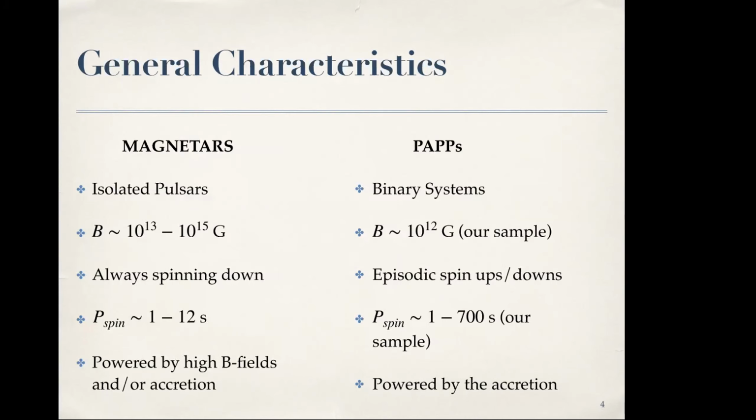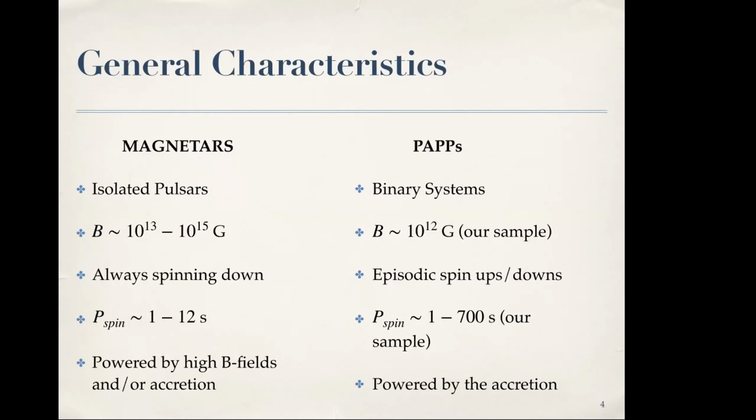While the magnetic field strength values of accretion pulsars are of the order of 10^12, at least for the sample that we have studied here. The spin period of magnetars is between 1 to 12 seconds, while the spin period of the persistent accreting pulsars studied in this work ranges from 1 to 700 seconds.